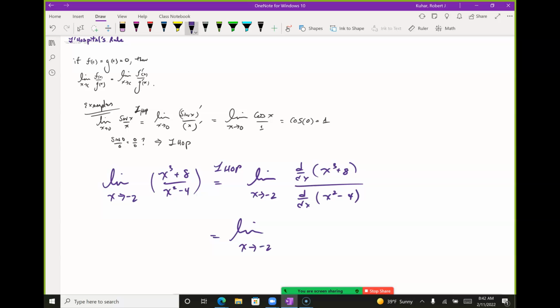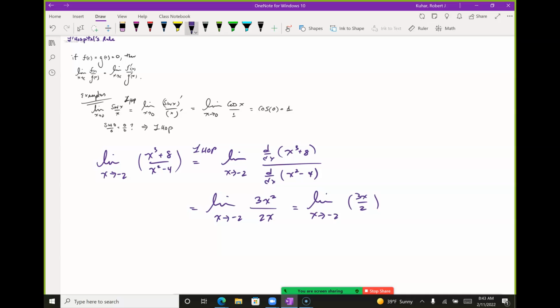What do I get upstairs? 3x squared, right? Reduce the power by 1. And downstairs? I get 2x, right? Now I can simplify this, and I would say simplify it. So you've got the limit as x goes to -2 of 3x over 2, right?